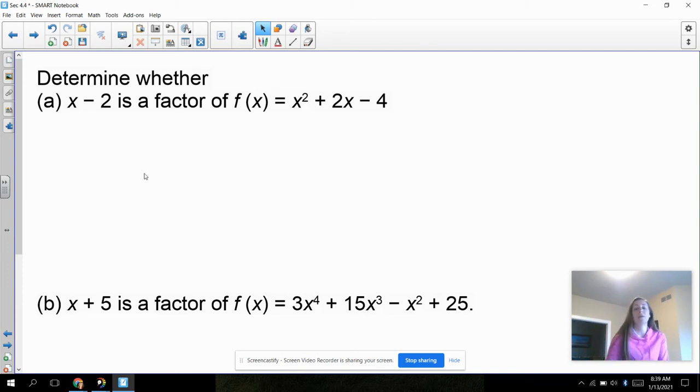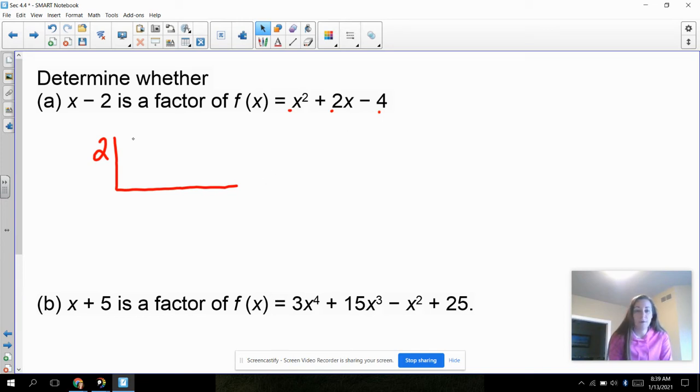All right, so the first one, when we're talking about things being factors, we're going to go back and use synthetic division. So if I'm trying to plug in x minus 2 into this polynomial, I'm going to put positive 2 outside the box, right? It's always the opposite of what this factor is. And then inside the box, I put the coefficients of all of these terms, which happens to be 3 terms in this quadratic.